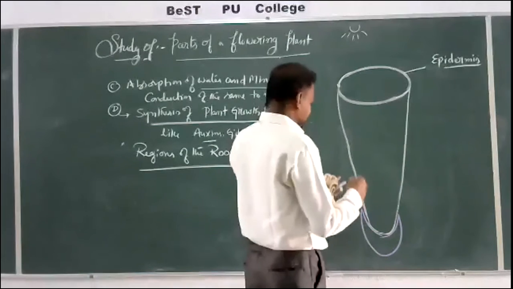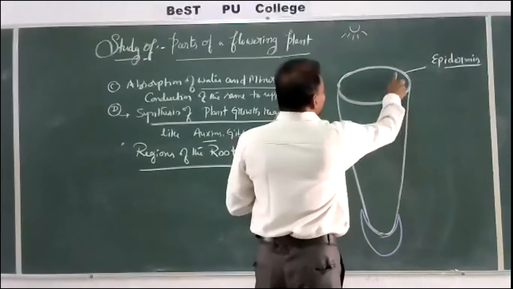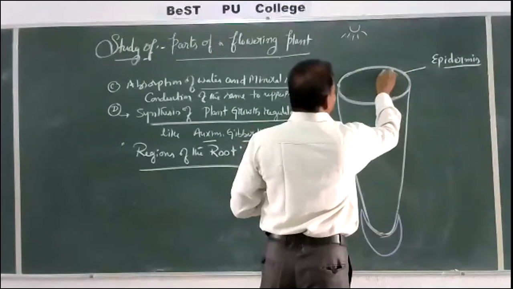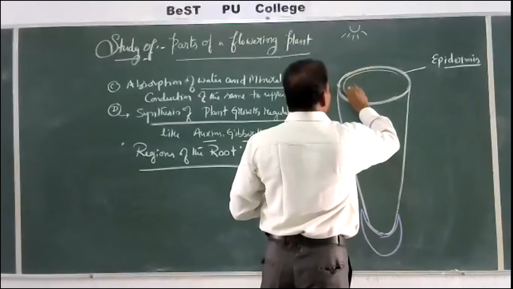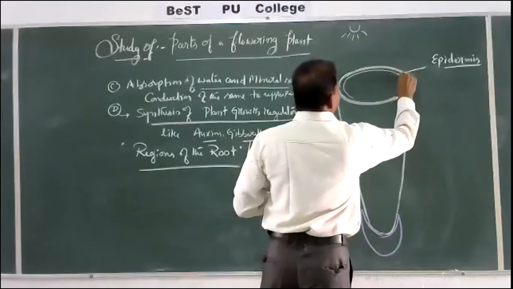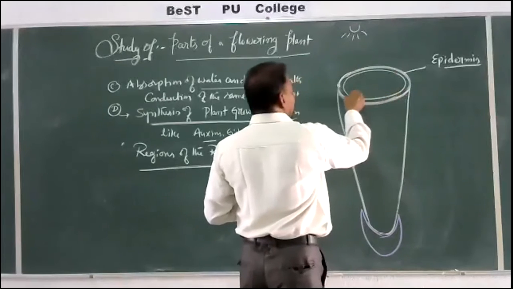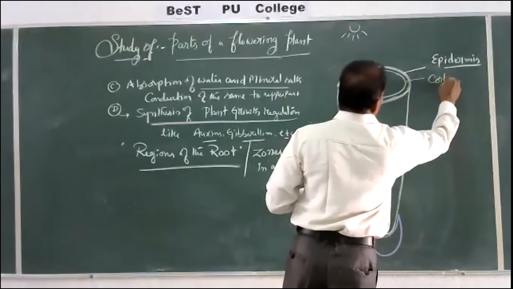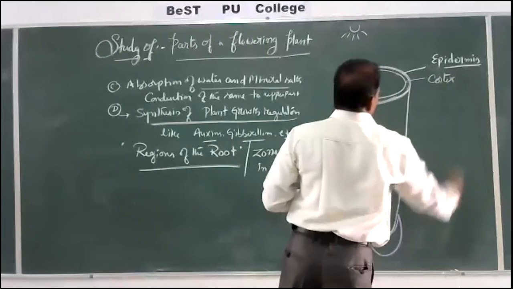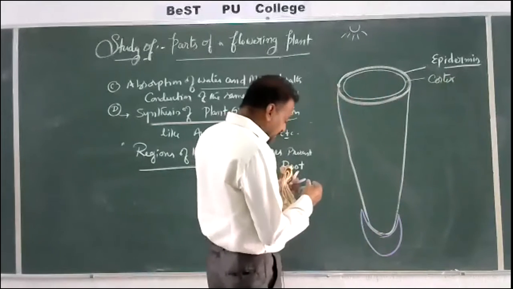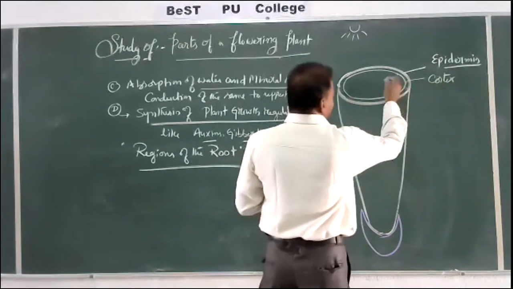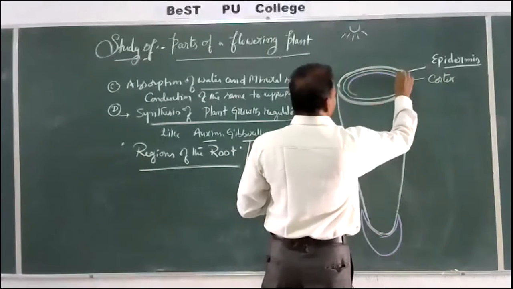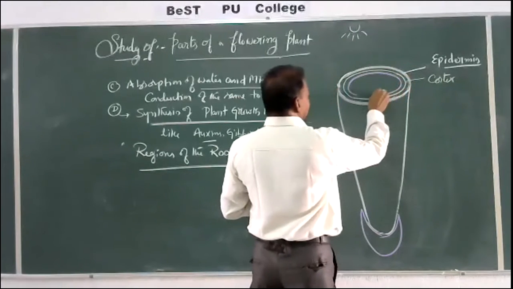What is there inside? Let us see this. Here, inside the epidermis, there is a layer. This layer is called cortex. Inside this cortex, it consists of another layer.